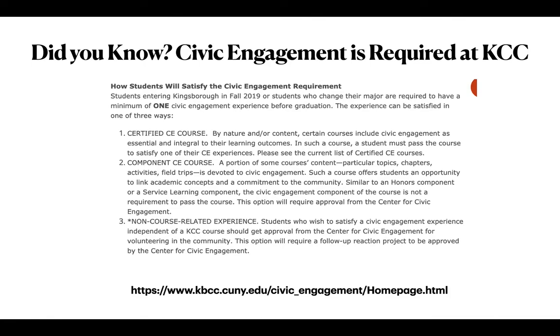The main thing that everyone should know in this class is that this is a requirement given by the college that you have a certain ability to show me that you understand what civic engagement is, and because this is a certified civic engagement course, we have to assess this and make sure that you're able to apply that knowledge in a meaningful way.